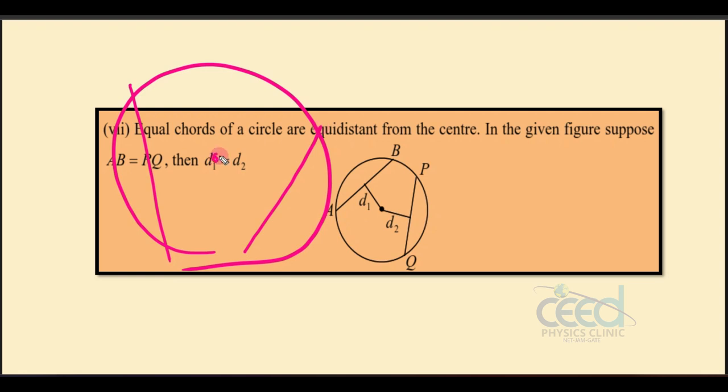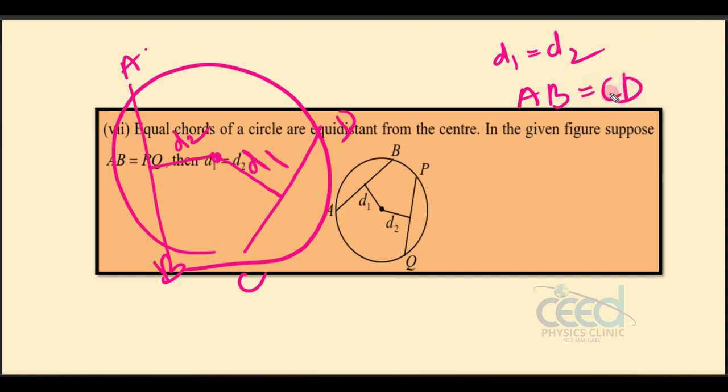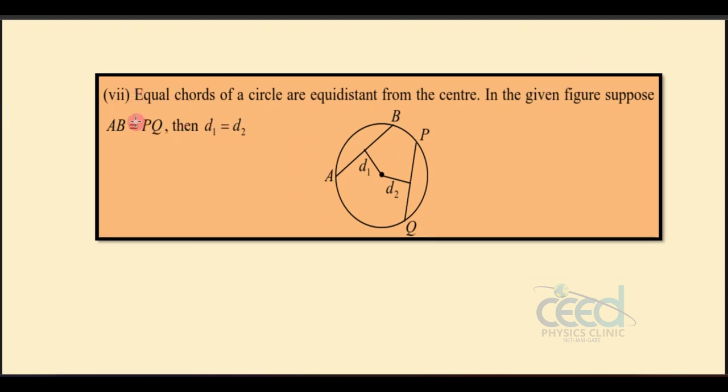Now from the center, suppose this distance is d1, this distance is d2, then d1 is equal to d2 means, this is AB, this is say CD, then the chord lengths will be the same. AB is equal to CD. Then what we studied: if the distances from the center to the chords are equal, the two chords are equal in length. Equal in length. All right.